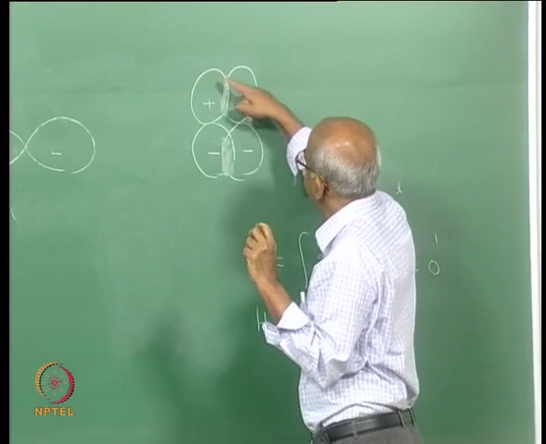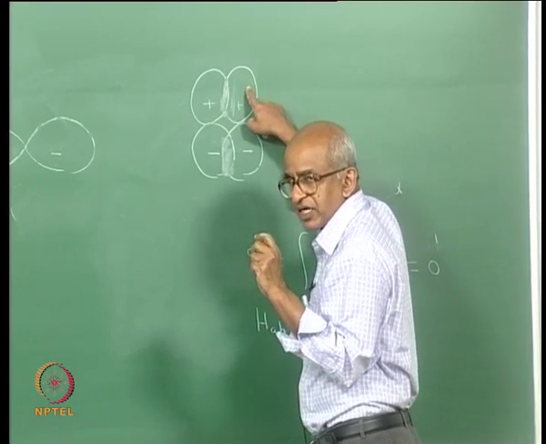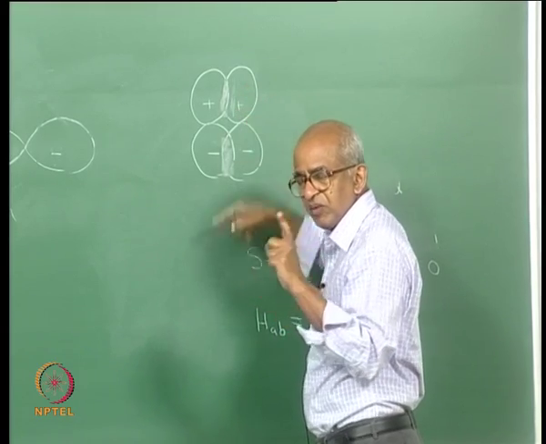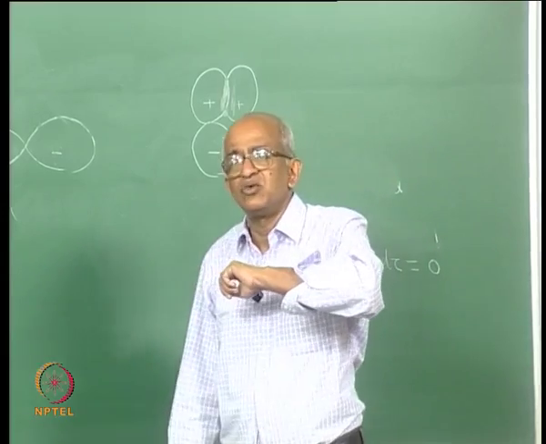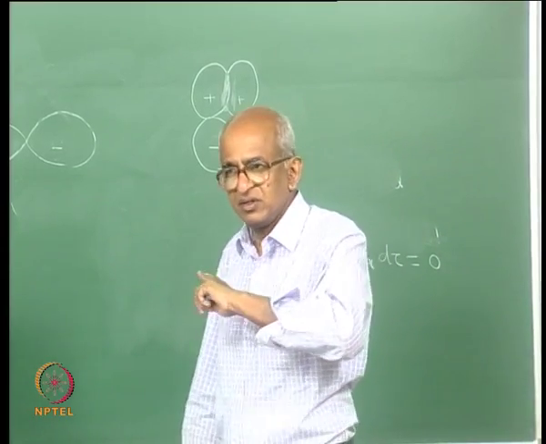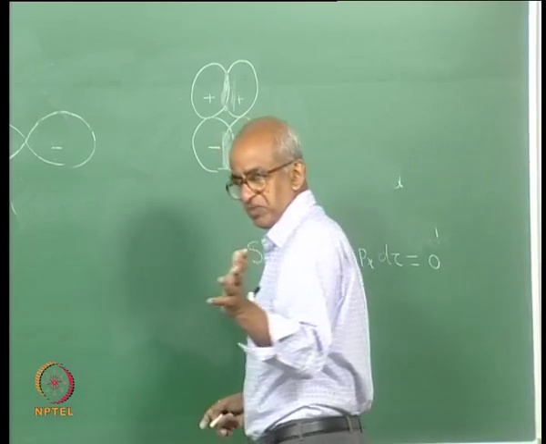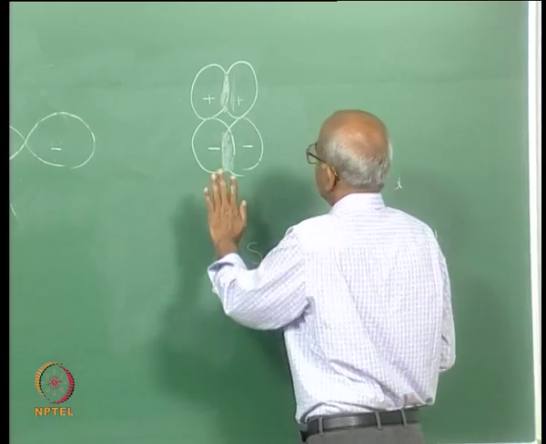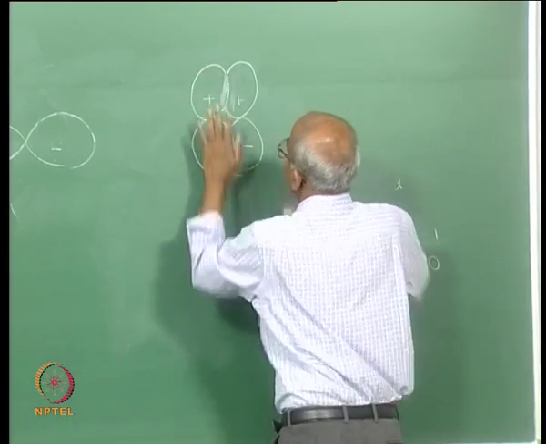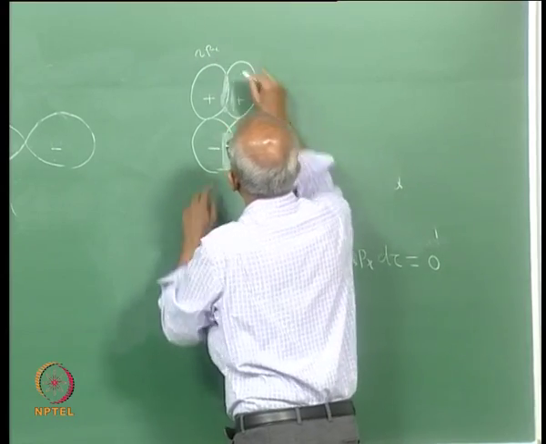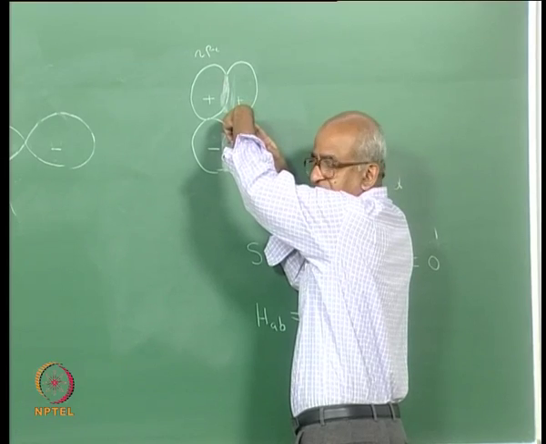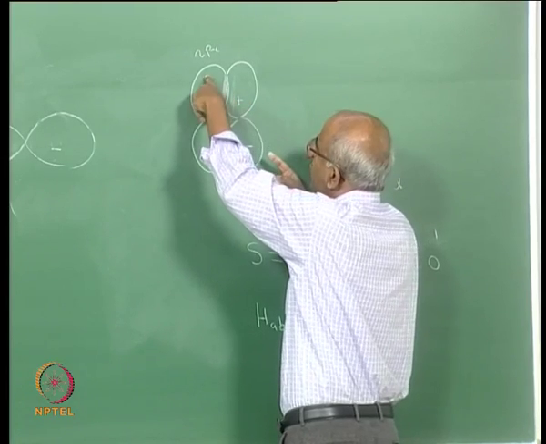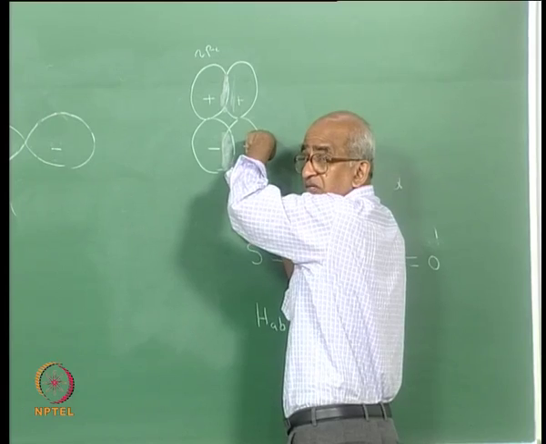And therefore, the 2px on the first will definitely interact with the 2px on the second, but the 2px on the first will not interact with the 2py on the second, right. Again, because the overlap integral will turn out to be equal to 0. So this 2px and the 2py on the second, which is actually oriented like that, they will not interact, and neither will the 2px interact with the 2pz on the other atom.